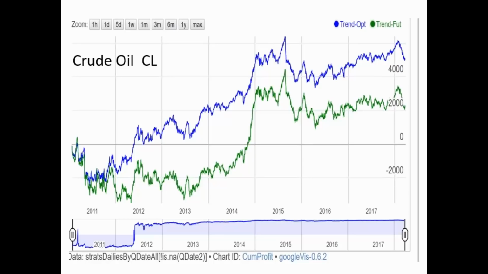So this is very exciting because it opens the potential for profitable range trading. I'm sorry, not range trading, trend following trading.